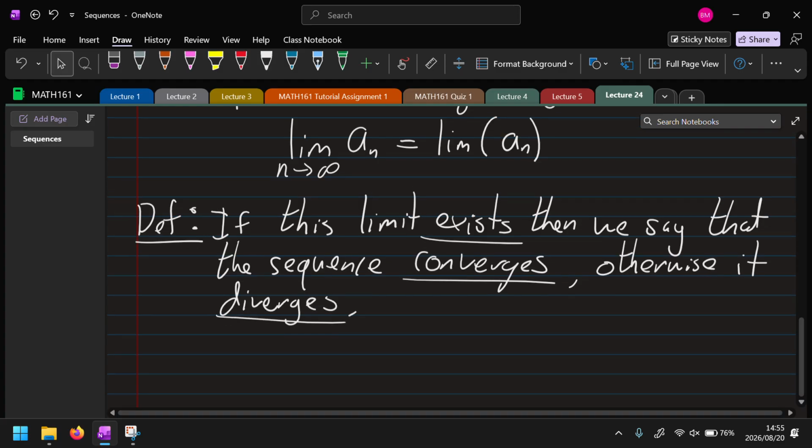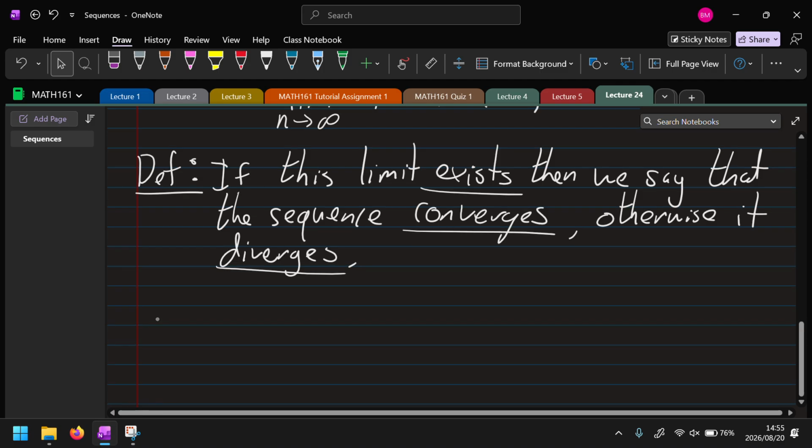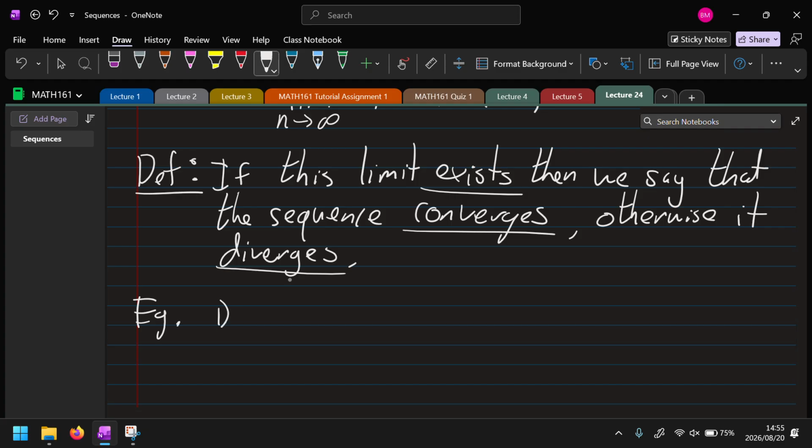It's always one of the two. Let's have a look at some examples. So number 1, we have a_n equals 1 plus 1 over n. Now we want to take the limit to see if this exists or not.